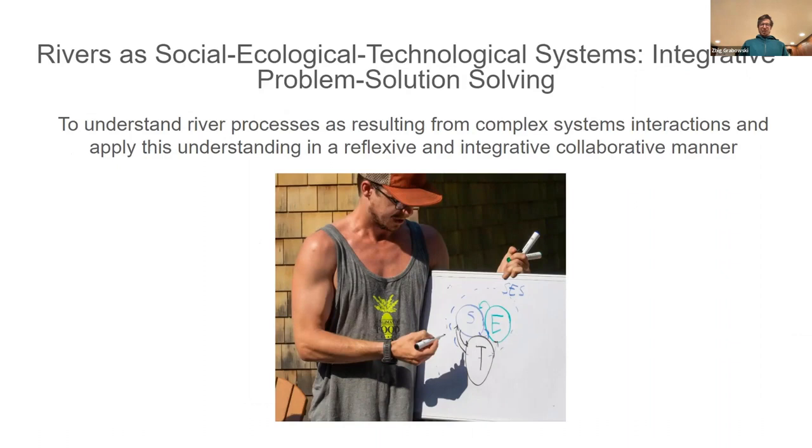So this module is meant essentially to serve as an overall reflective or capstone type activity on a field course, and I want to link it to a number of different things you've heard about today. The idea is to expose students to complex systems, and particularly look at rivers as social, ecological, technological systems, co-produced through social, ecological, and technological drivers, and then apply that understanding in a collaborative problem-solving exercise.